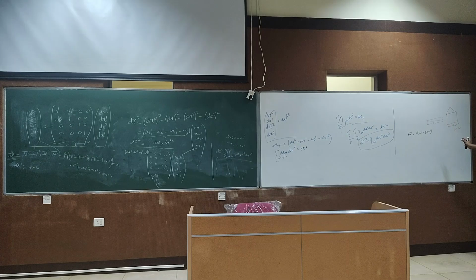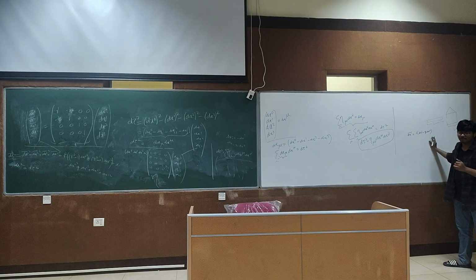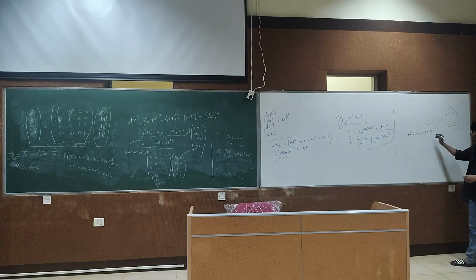Do you get it? dx is just the length of something, right? If you are measuring the lengths in the unprimed frame at the same time, the time difference is 0. dx0 is just time into c.